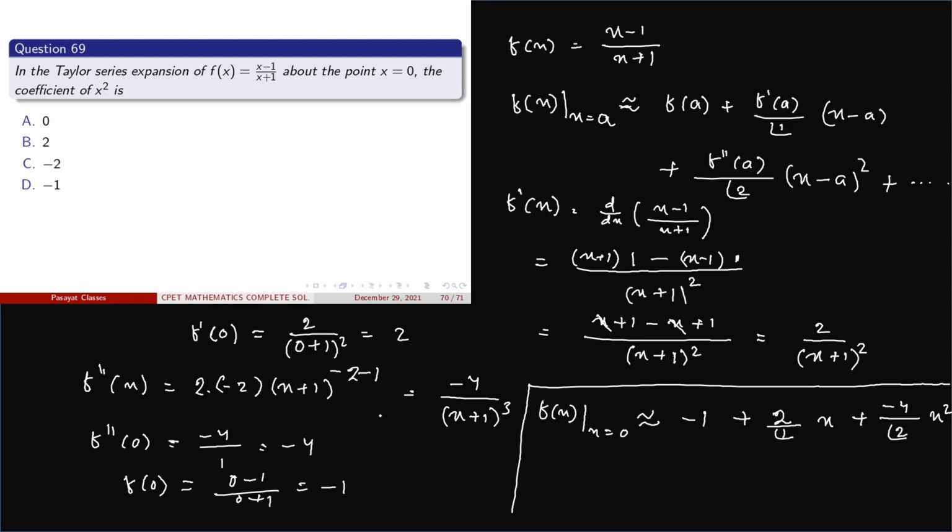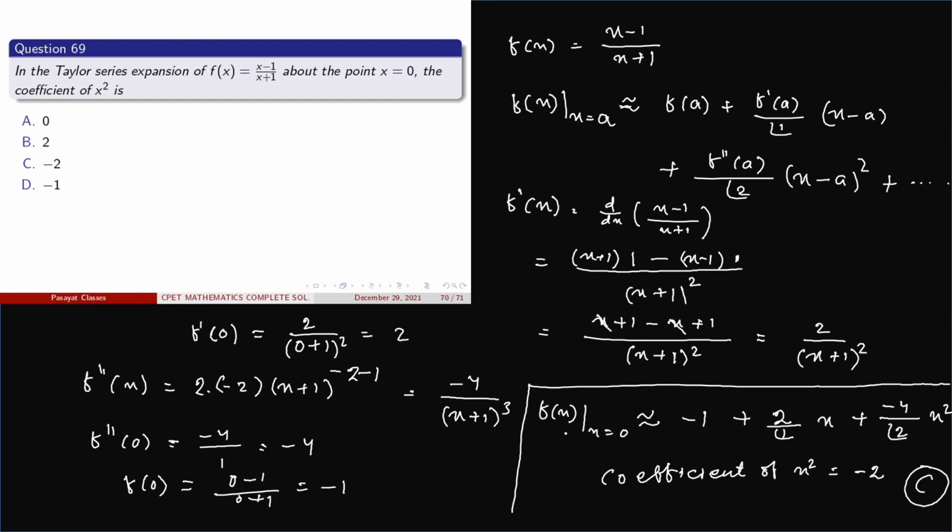So we have to find the coefficient of x square. No need to write the next term. Here on cancelling 2 factorial and 4, we get the coefficient of x square is equal to minus 2. So our option number C is the correct one. Here option C is correct.